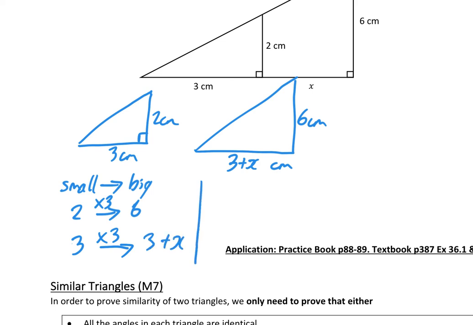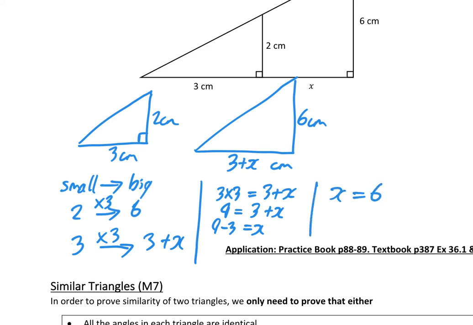And then 3 times 3 just equals 3 plus x. And that's now an easy equation. So 9 is equal to 3 plus x, and 9 minus 3 is equal to x. And your last line, x is just equal to 6. And just check the units, they are centimeters, so 6 centimeters.